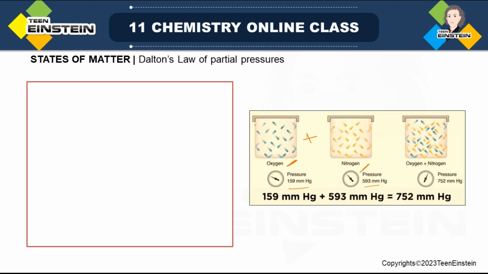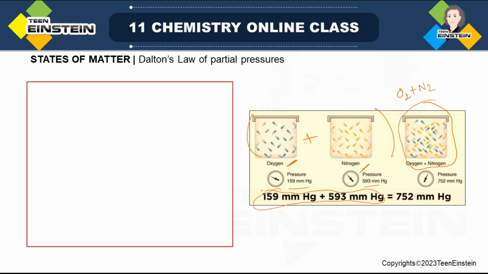Now if you add these two, you are getting a mixture of oxygen and nitrogen. So in this case, the new pressure, this is very simple. You just have to add these two values. And that is actually Dalton's law of partial pressures. Here for simplicity, we have taken two gases, but it is true for any gases.